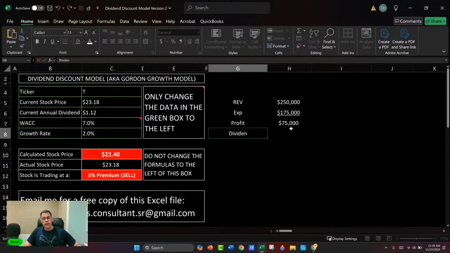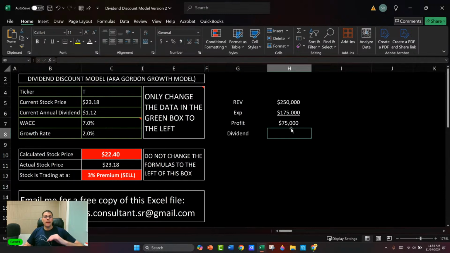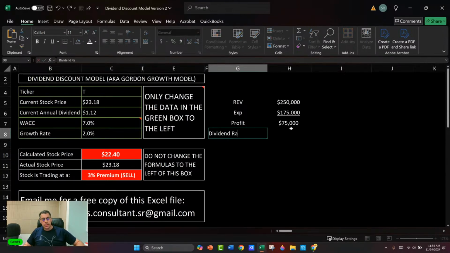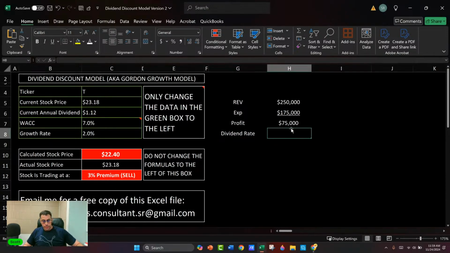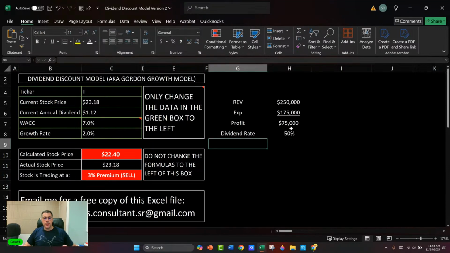And let's say they always pay half of their profit out as dividends. And a lot of companies do that. They do say, we will pay X% of net income as dividends. So 50%.